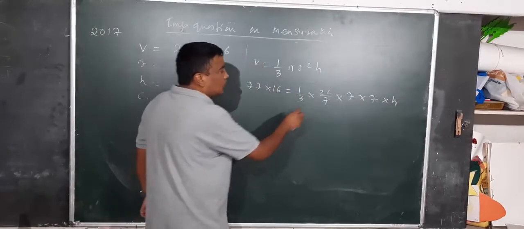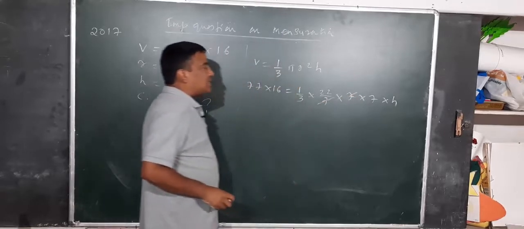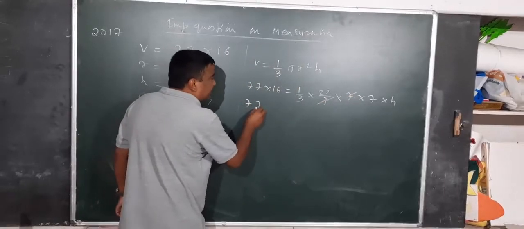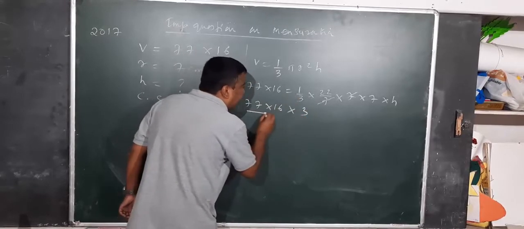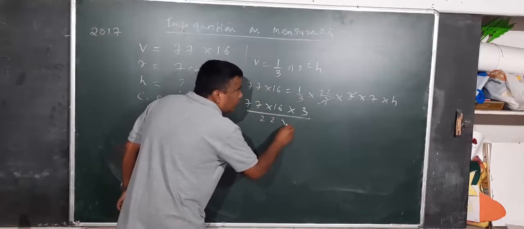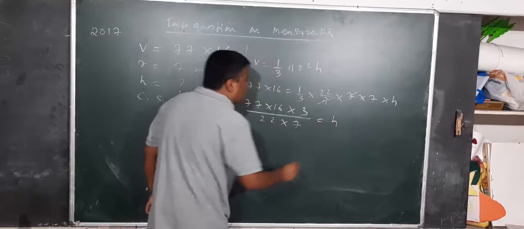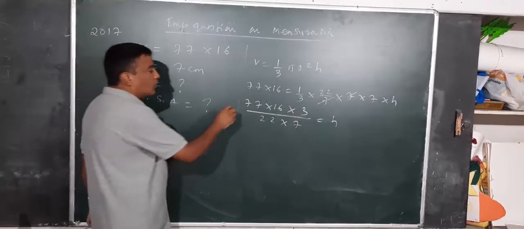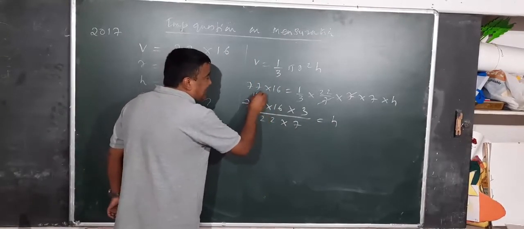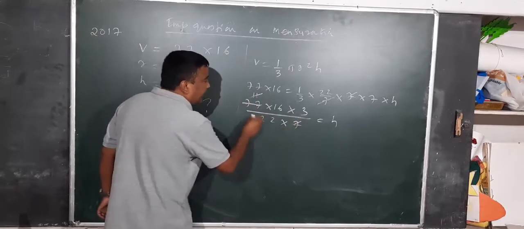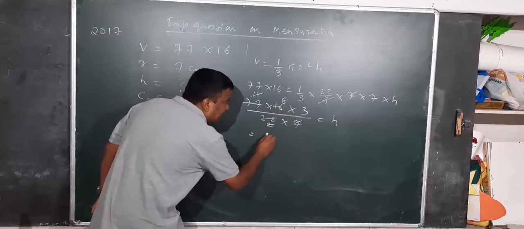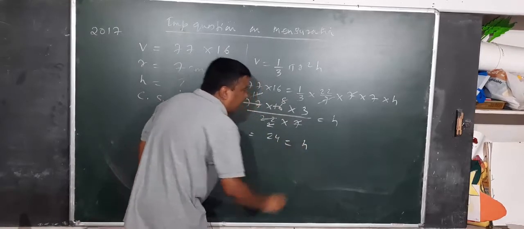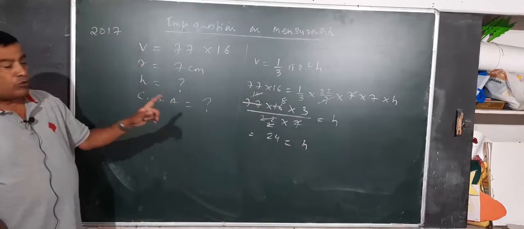Now these two will get cancelled. After that, 77 into 16 into 3 divided by 22 into 7 equals h. Now 7 11s are 77, 11 2s are 22, 2 8s are 16, 8 3s are 24. That means the height is 24 meter.